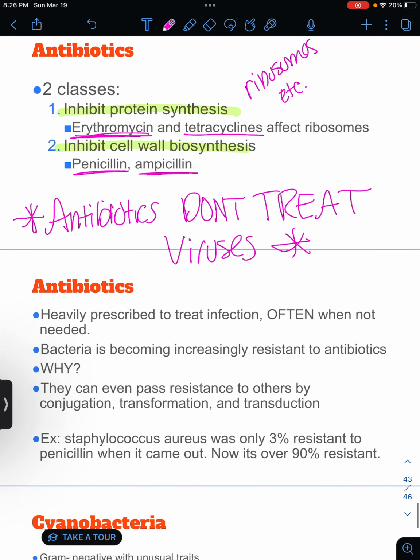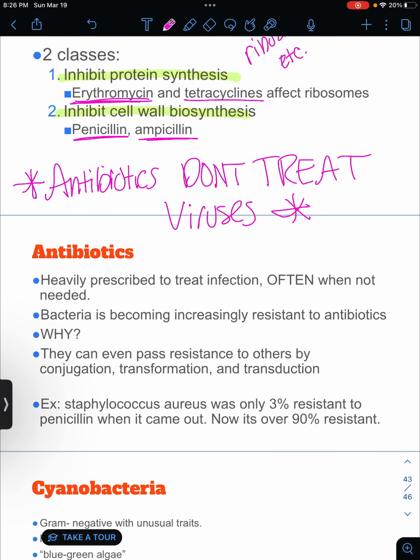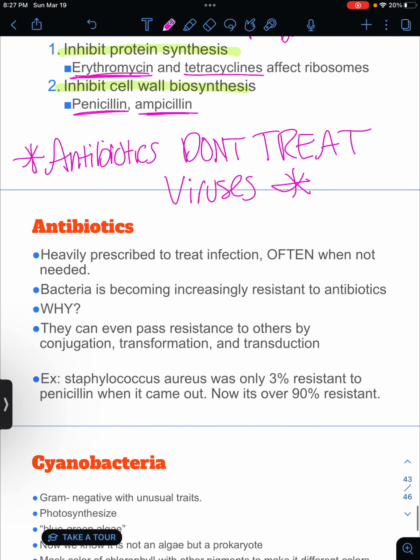But antibiotics do not treat viruses because viruses don't have a cell wall, and viruses don't have their own protein synthesis mechanisms, right? Oh, look at me, that's my next bullet. It says heavily prescribed to treat infection, often when not needed. Bacteria are becoming increasingly resistant to antibiotics.